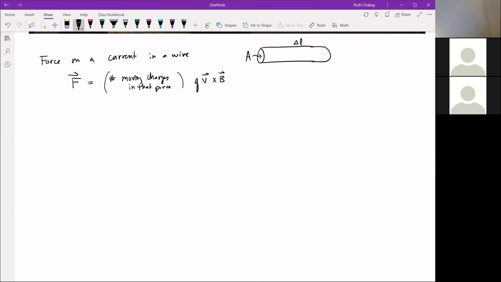And we're going to here, of course, use conventional current. So we're going to assume Q is positive. And we're going to call this delta F because it's the force on one piece of wire.